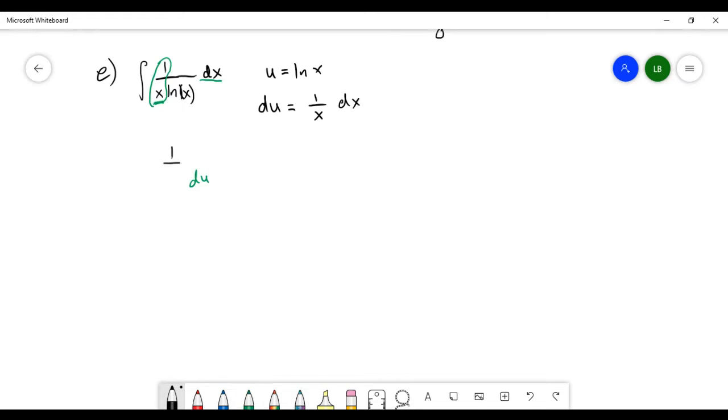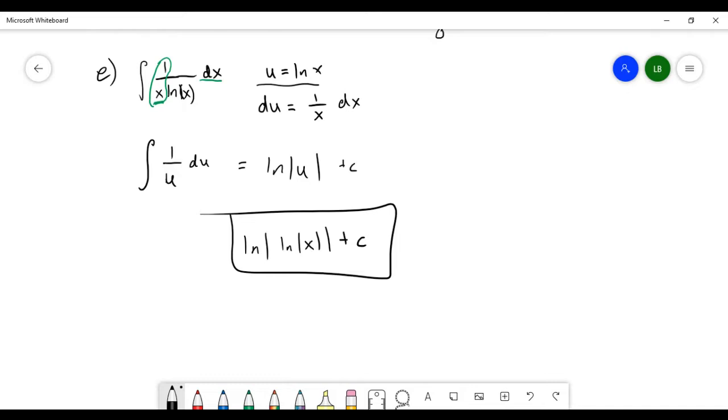Of course, it's 1 divided by u. Regardless, we have 1 divided by natural log of x, so that goes to 1 over u. And then du. And this is the general form for the natural log of u. Then u is the natural log of x. So we substitute u back out, and we get the natural log of x as our answer. Make sense?